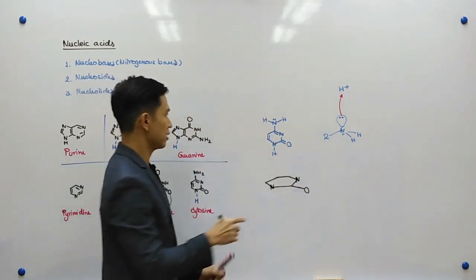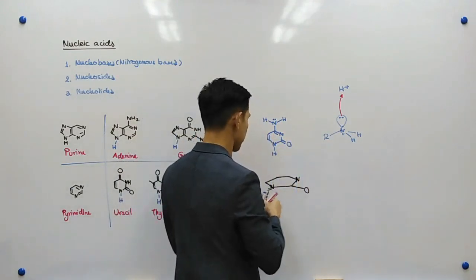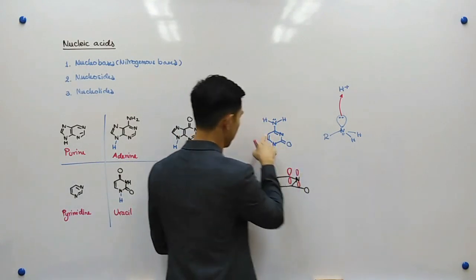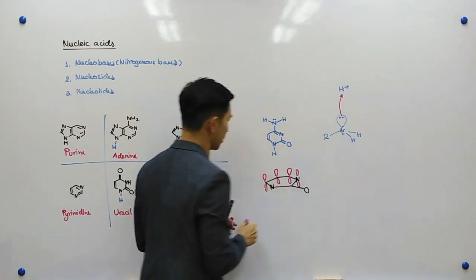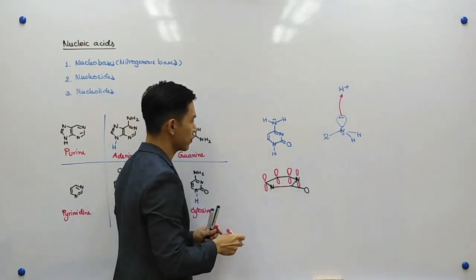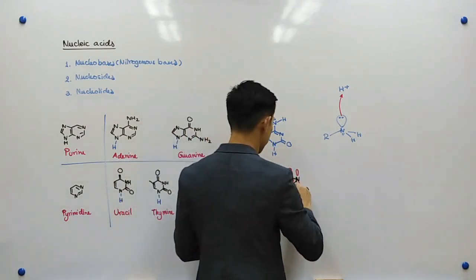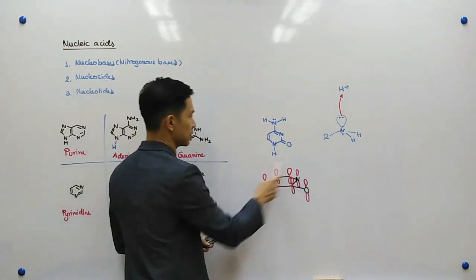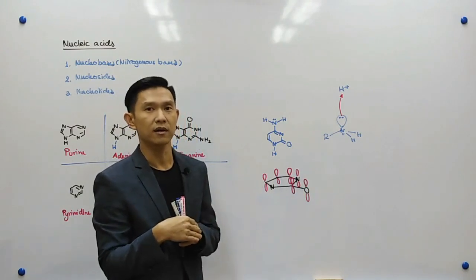As you can see, N here and N here, you have p orbitals, right? Both carbon atoms over here constructing a double bond, you have a pi bond over here, a p orbital over there. And for C=O, you also have p orbitals. So all of these are in the same plane, and the p orbitals connect together.